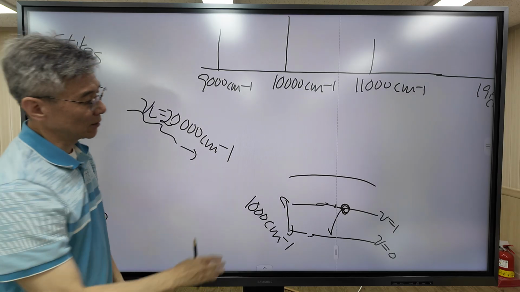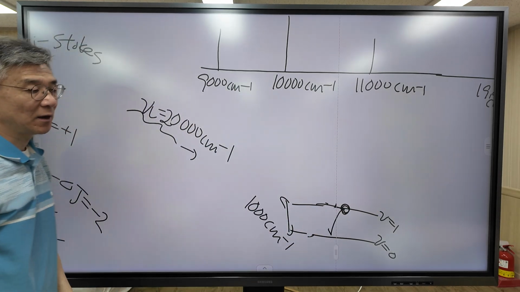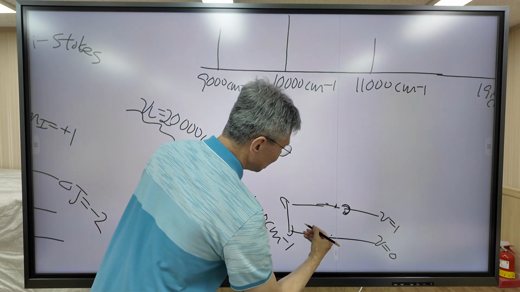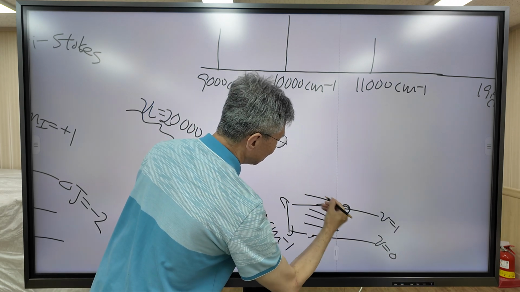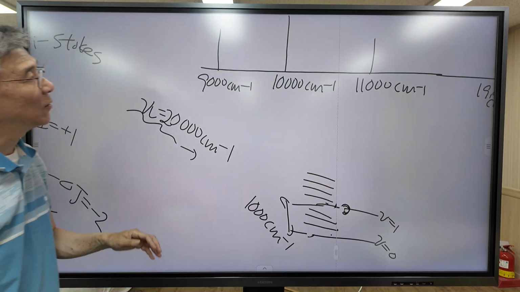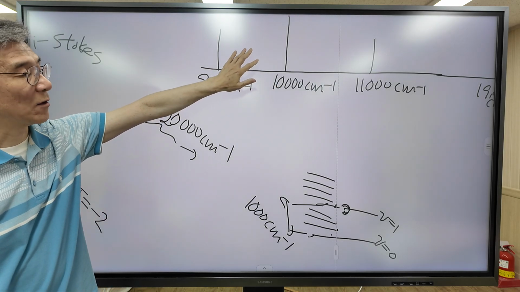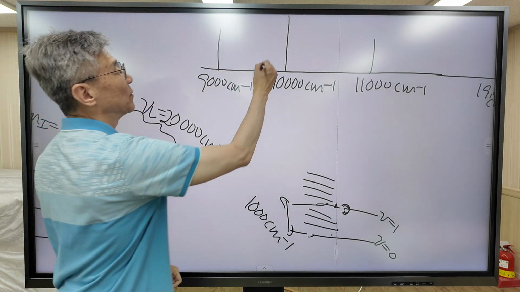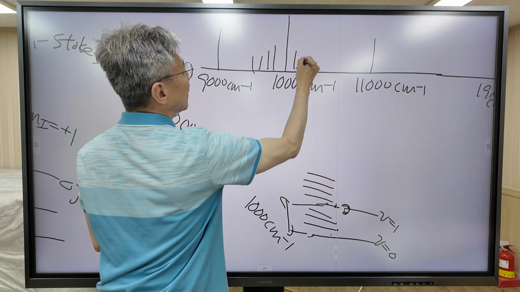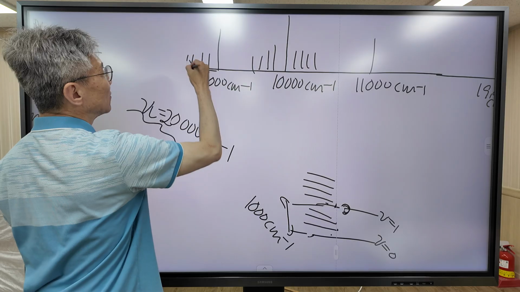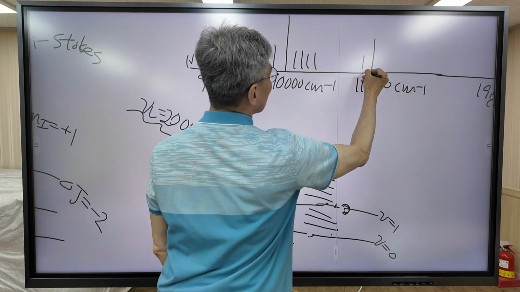the molecule does not have only vibrational levels. It has rotational levels. So each vibrational peak is accompanied by a series of rotational peaks.